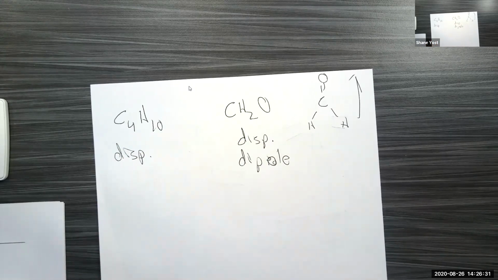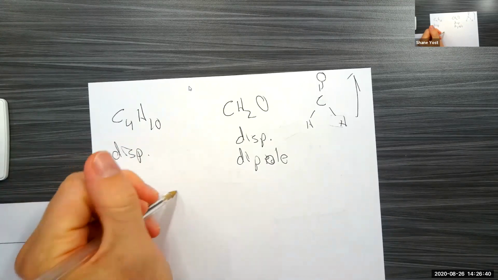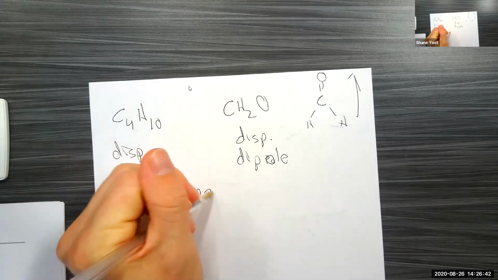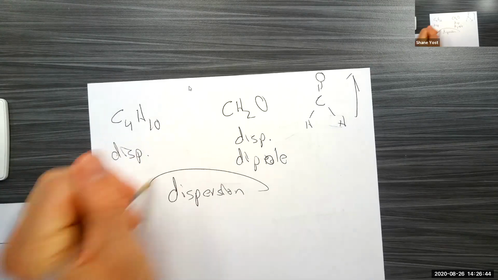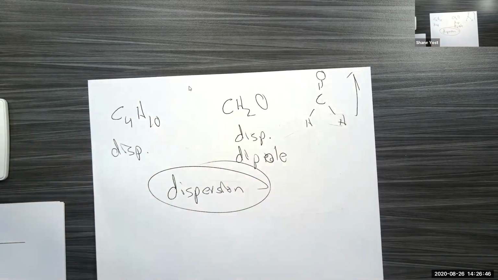So for the sake of this class, we categorize this pair as having only dispersion intermolecular forces between each other. If we were to ask what type of intermolecular force exists between these two molecules, I would say dispersion interactions.